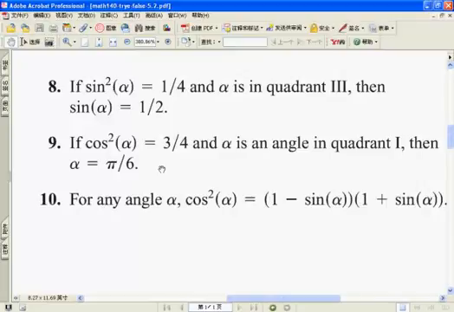True or false? Everybody work your brain. Any idea?